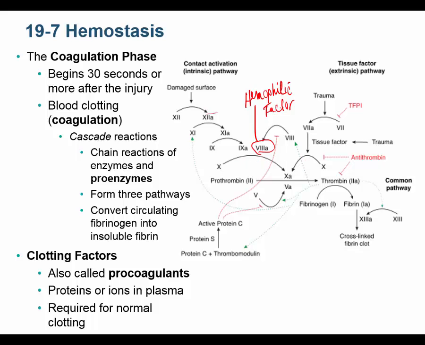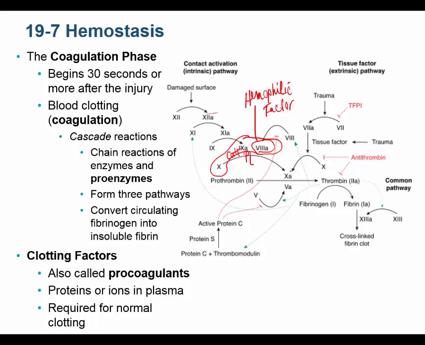8, along with 9, and actually this is called the 10-ACE complex. 8, 9, 10, calcium, and phospholipid is called the 10-ACE complex, and it activates 10 to 10A.